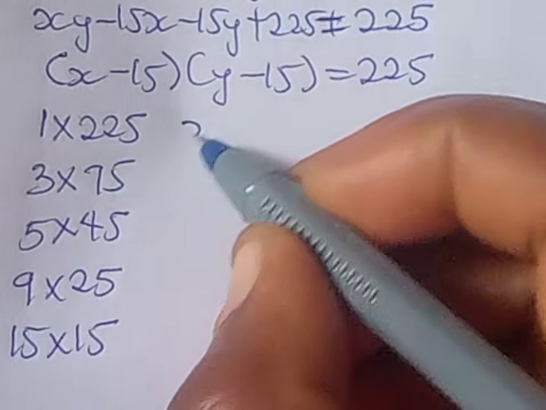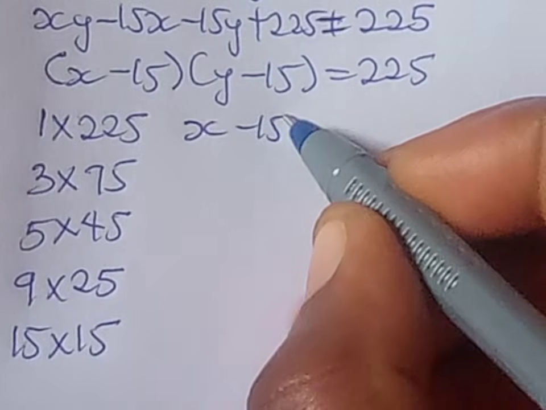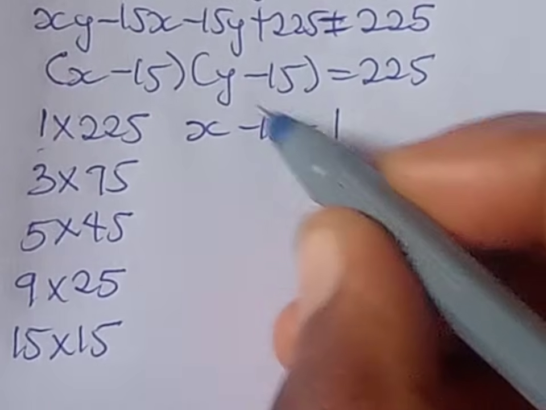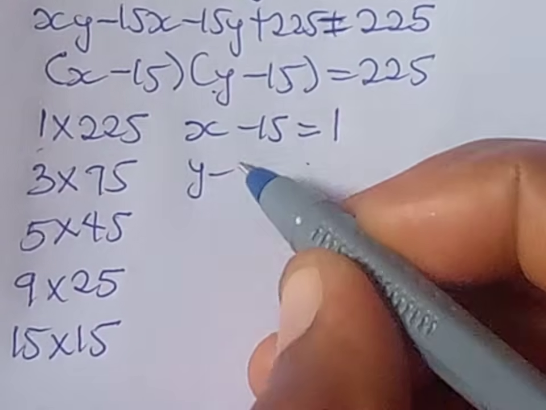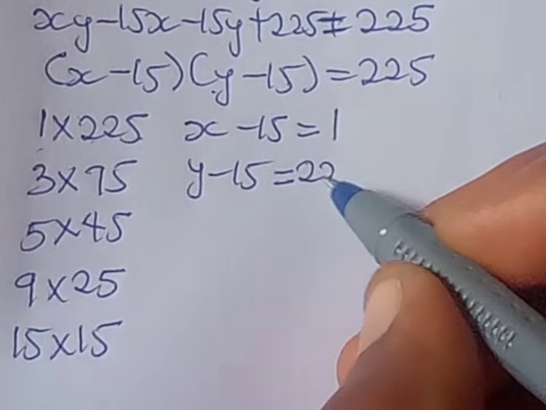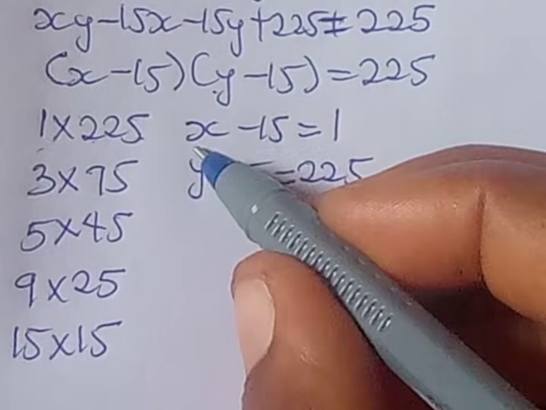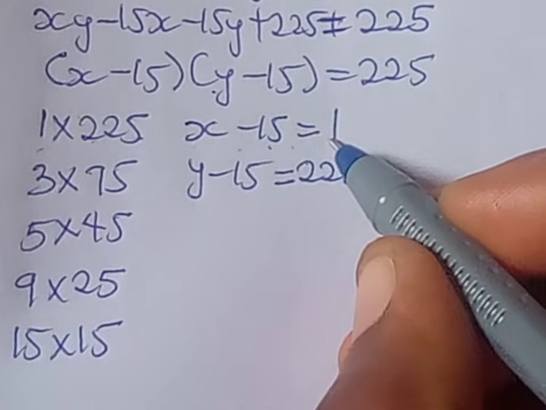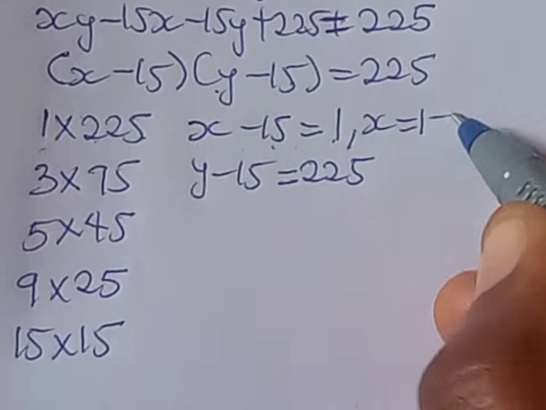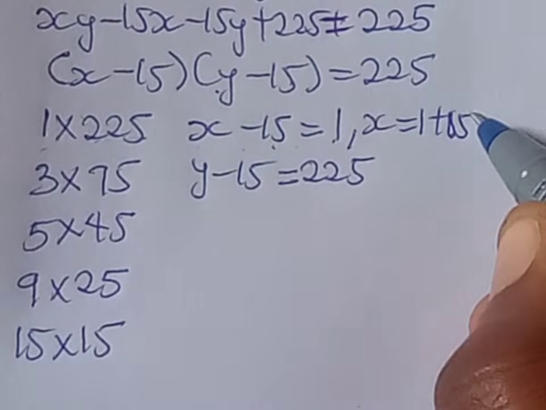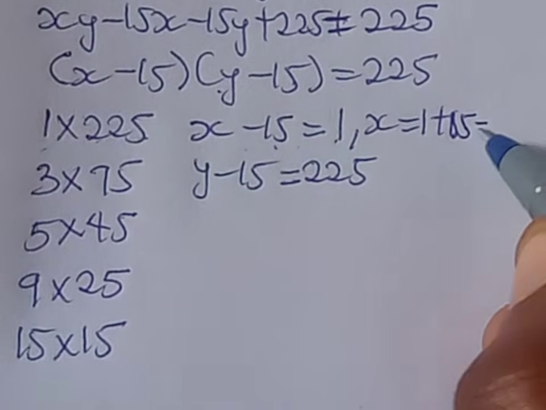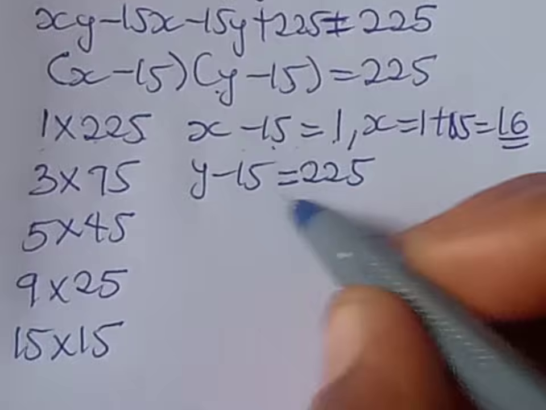So we have x minus 15 equals 1 and y minus 15 equals 225. X minus 15 equals 1 will give us x equals 1 plus 15. 1 plus 15 is 16, so our x equals 16.